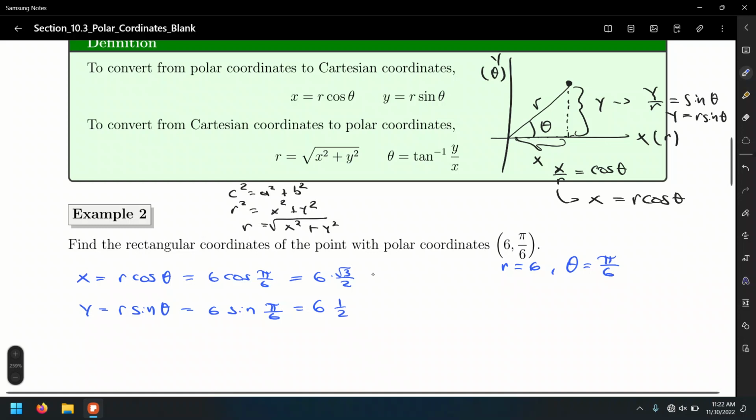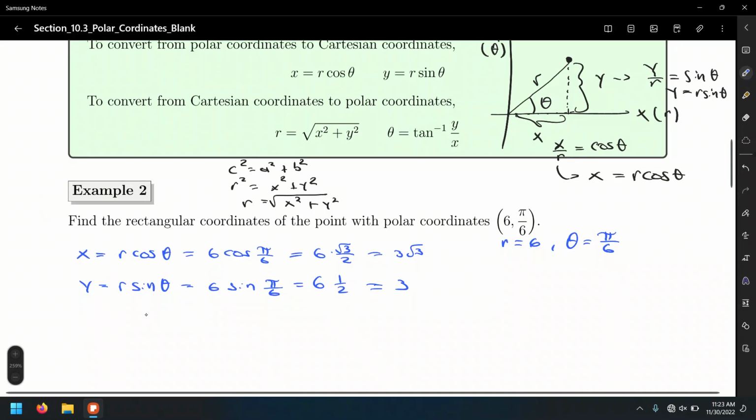And in this case, we'll just simplify 6 over 2. 6 over 2, that's 3 root of 3, and that's a 3. These are the results of converting the corresponding r and theta into x and y. That means 6 comma pi over 6 is the same as saying 3 root of 3 comma 3.